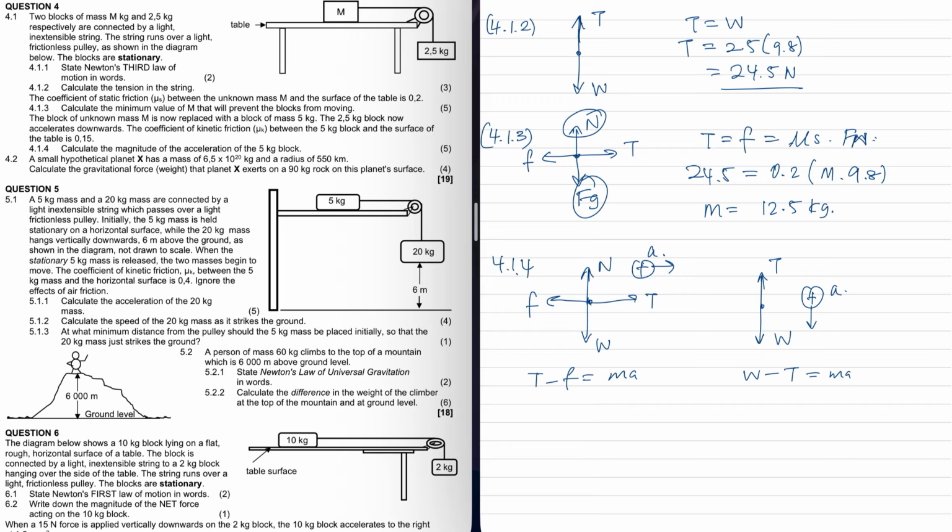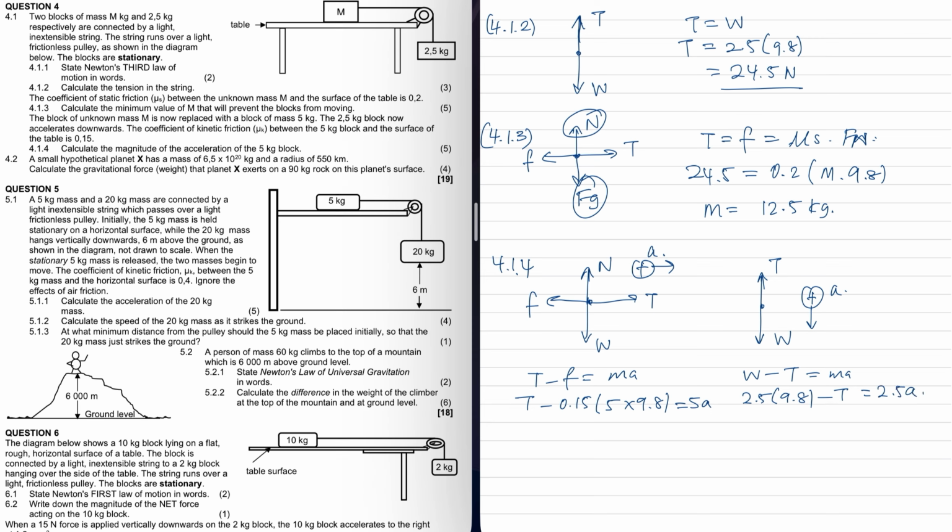Now let's substitute whatever we can. Tension we're not sure of because it's a new block, so it's going to be a new tension. The friction is going to be 0.15, which is the new coefficient, times 5 times 9.8, and that's going to equal 5a. Now for the 2.5 kilogram block, you're going to have 2.5 times 9.8 minus the tension equal to 2.5a.